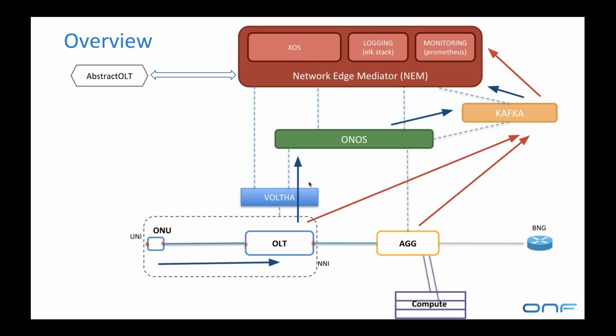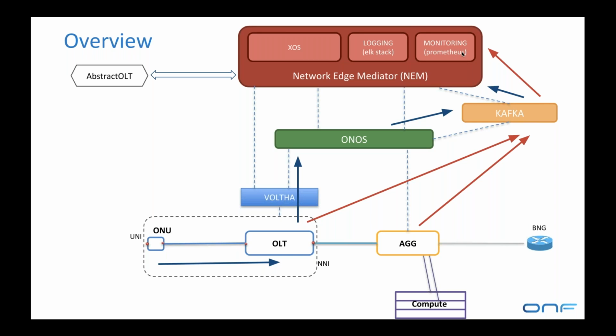But we have logs that are going from all the components, including the XOS, into Kafka, and we read them in Elastic Stack. And through VOLTHA and ONOS, we have information going to Kafka about the statistics, and they are fed in Prometheus.